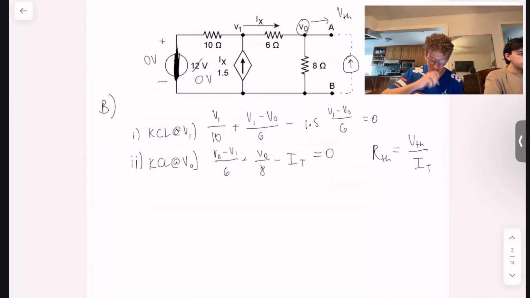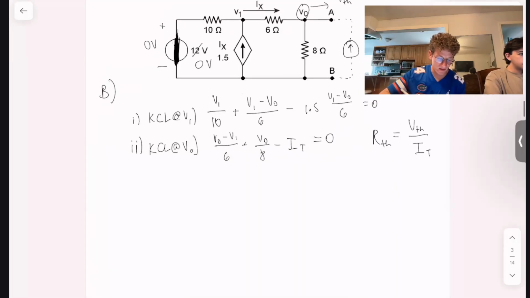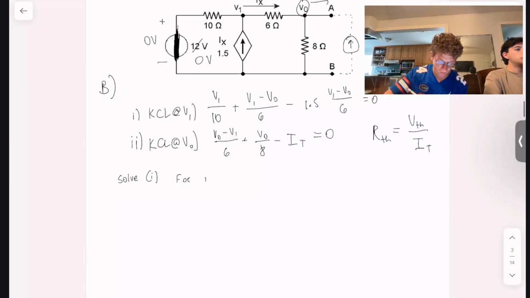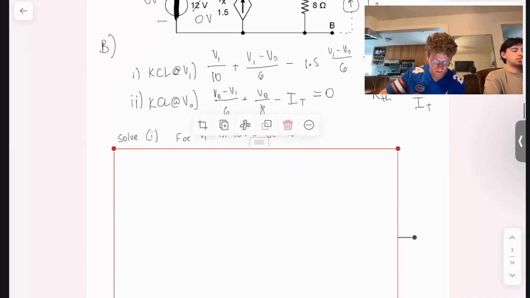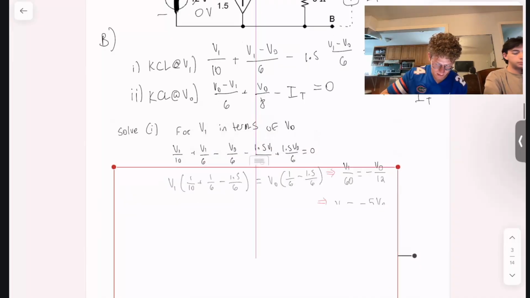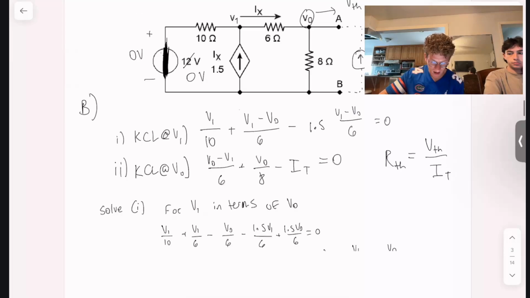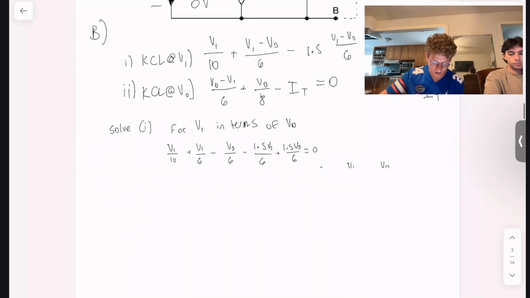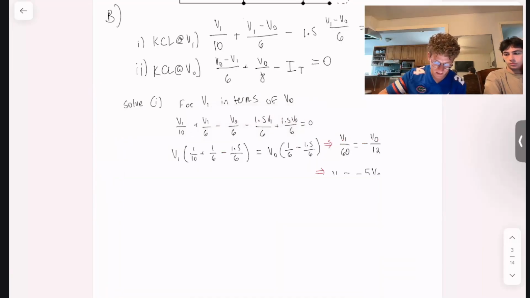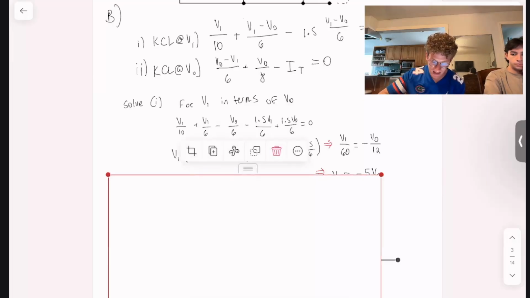So what I'm going to start off by doing is take this equation 1 and solve for V1 in terms of VO. Just expanding that fraction over there, you get this, and then I'll keep the V1 terms on the left side and the VO terms on the right side.